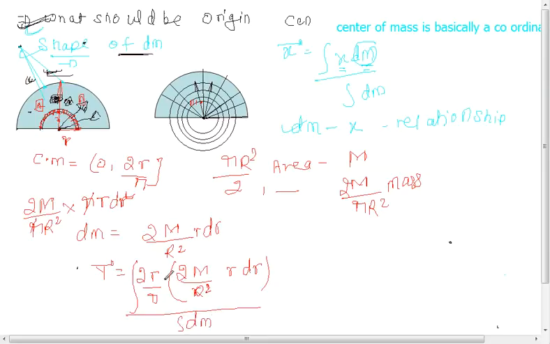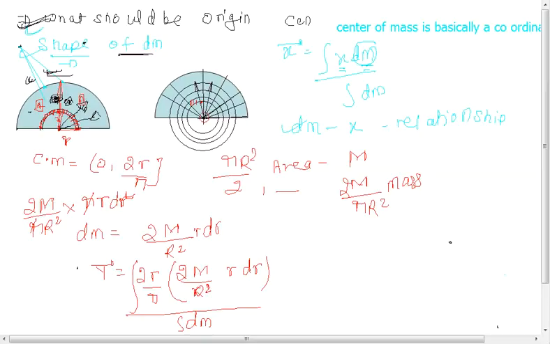Now we have to put limits. This radius varies from r equals 0 to r equals capital R to cover the whole mass. You can see it, let me show you. See here, this mass is at 0 radius.